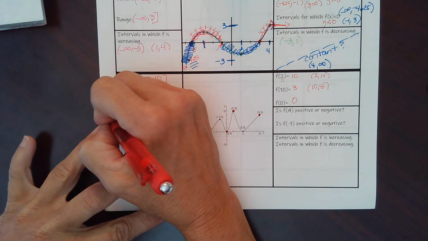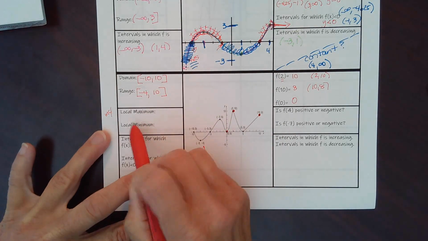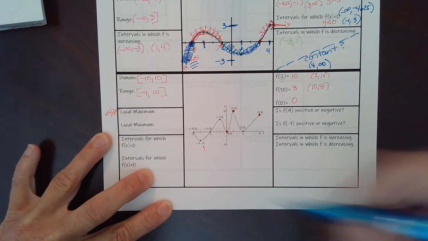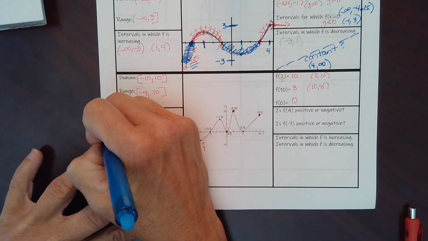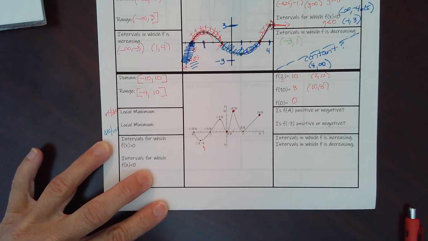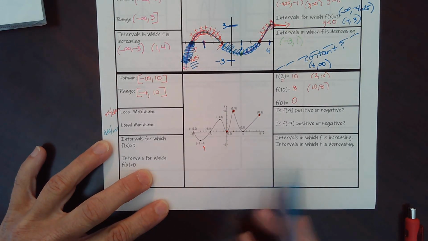And for a local minimum, the graph needs to change from decreasing to increasing. All right, so let's do that together at the same time.